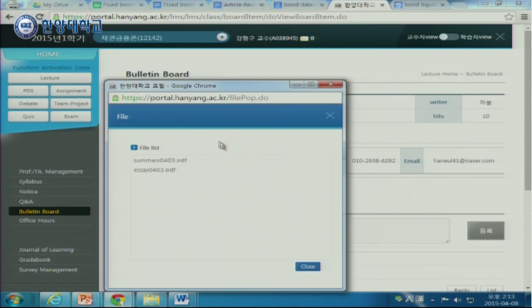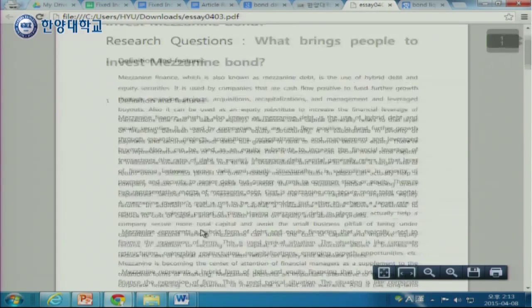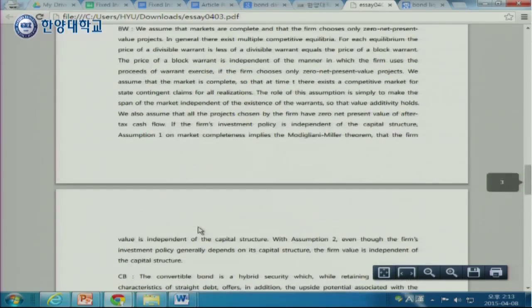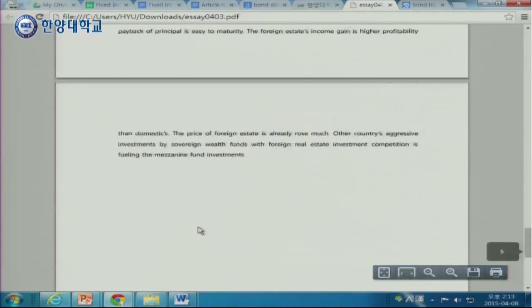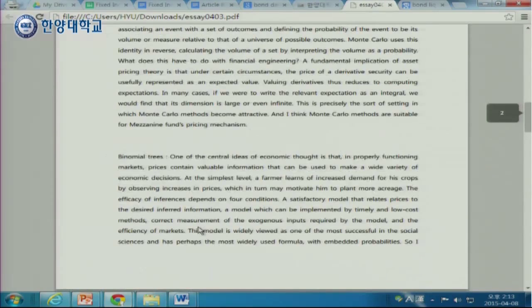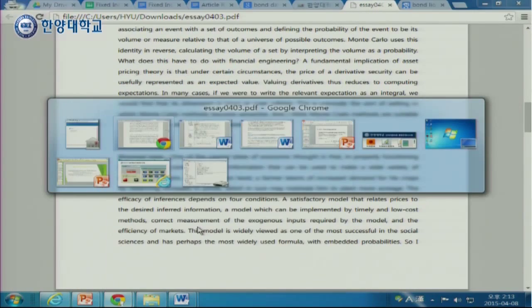Essay. Okay. I think you have exactly the same problem. There's no citation, okay? Yes, there's no citation, so it is not a literature review.